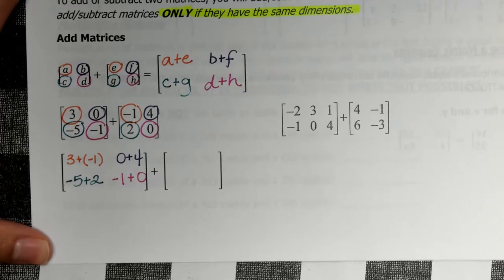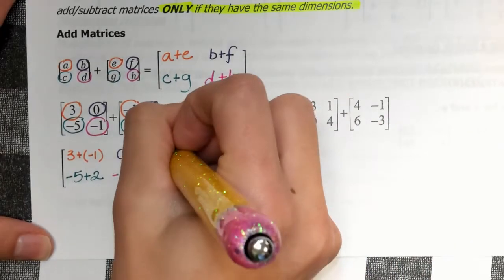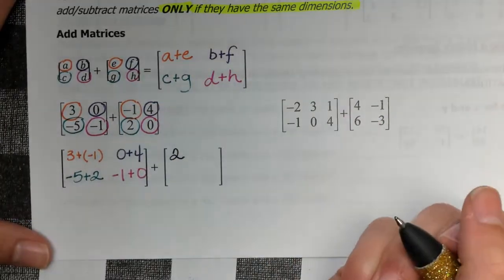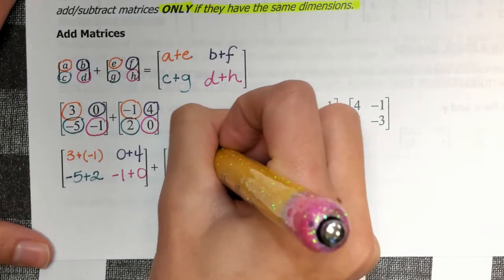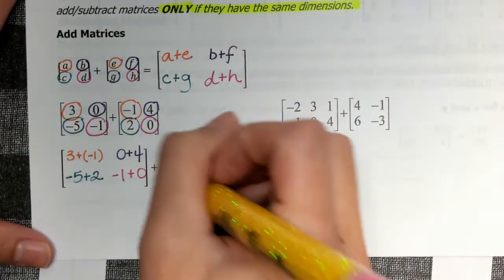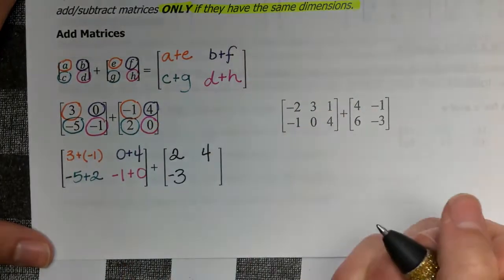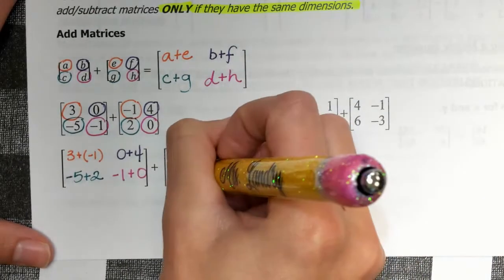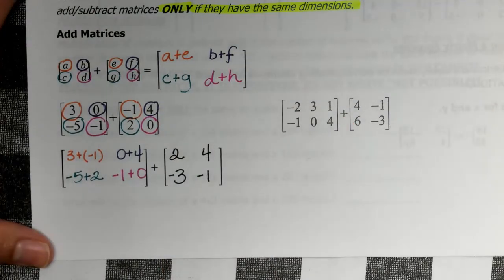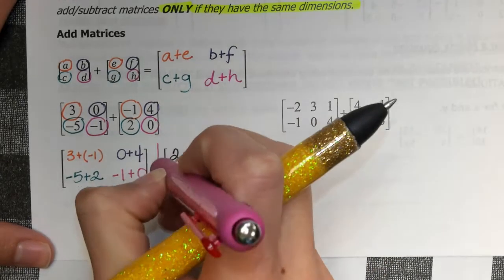So 3 plus -1 gives me 2. 0 plus 4 will give me 4. -5 plus 2 will give me -3. And -1 plus 0 is going to give me -1. Very simple. So again, all you have to do is go straight.